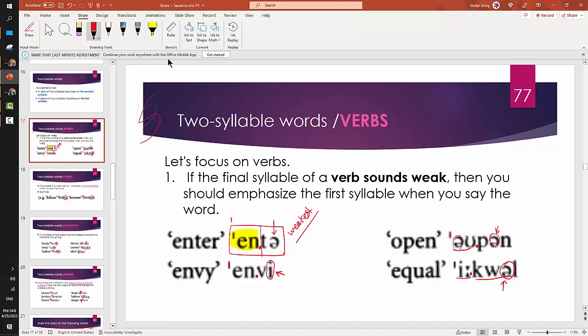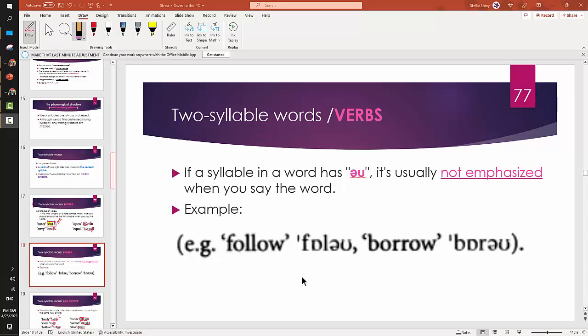Here is not a schwa sound. Here's a diphthong. It's not like the schwa; even the sound is different. Open. If a syllable in a word has the diphthong O, it's usually not emphasized when you say the word. It's a general rule. We have exceptions, but this is the general rule.